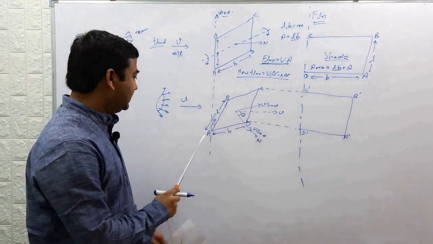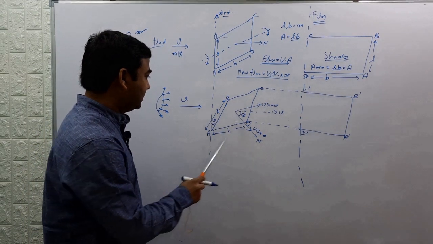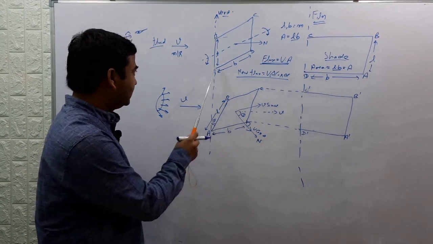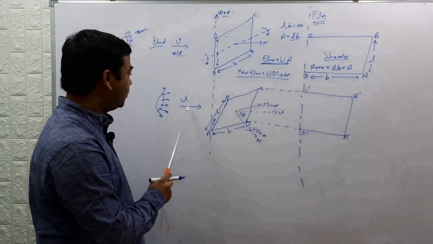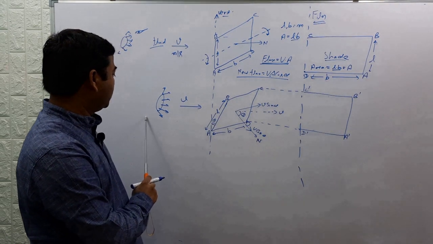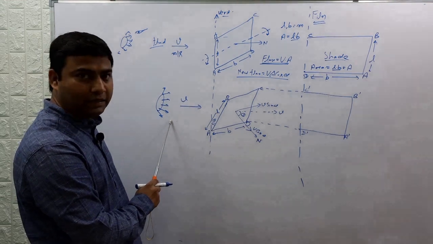So you can easily see this AD length is perpendicular in both cases to the direction of velocity or direction of the source of light.